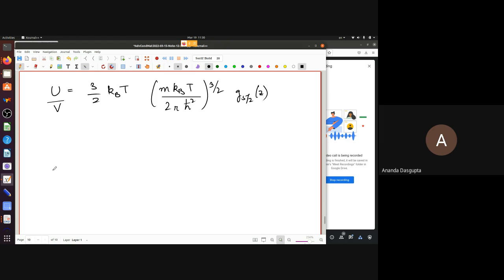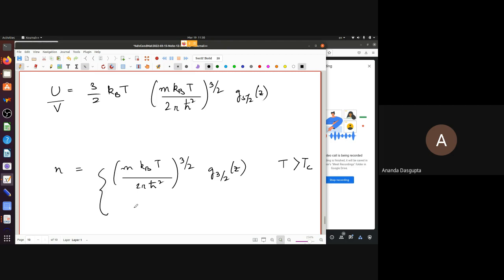We had this formula for n, remember, but this formula was valid only when T is more than Tc.